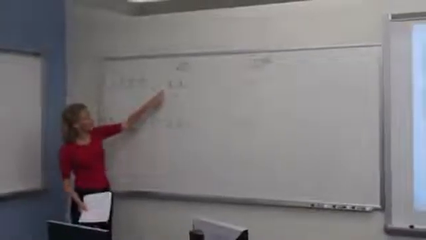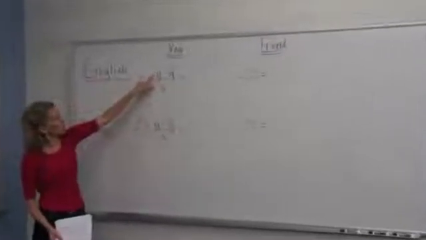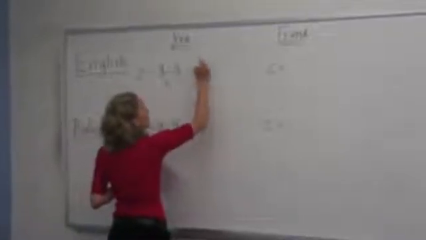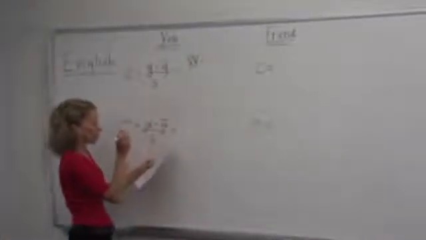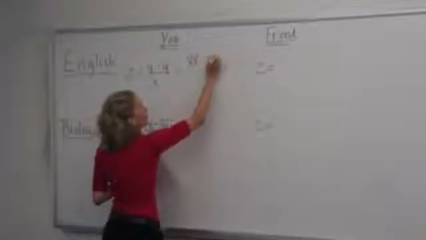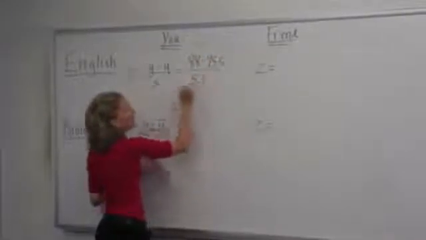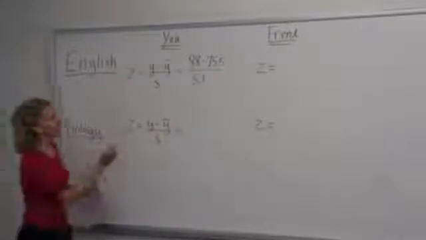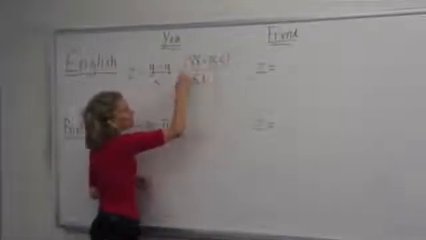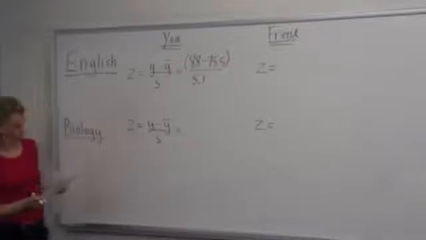So the z-score formula, again, we're going to see how far your grade was from the course average. So in English, you had an 88. The course average was a 75.5. And the standard deviation was 5.1. Make sure that you take that whole difference, divide by 5.1.